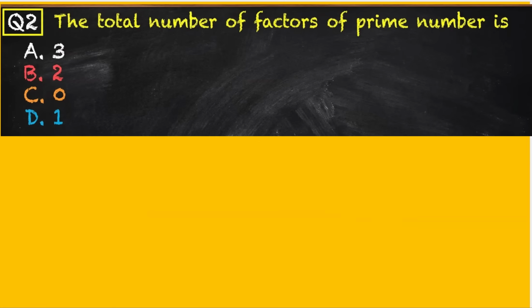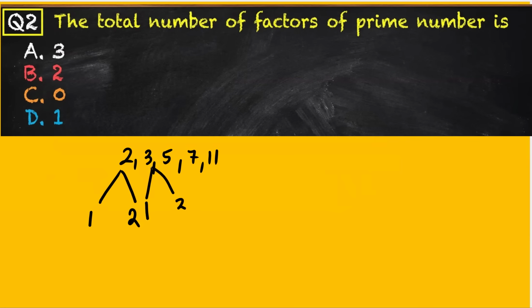If I take examples of prime numbers 2, 3, 5, 7, 11: the factors of 2 are 1 and itself, the factors of 3 are 1 and itself, the factors of 5 are 1 and itself. So we can say that a prime number has a total of only 2 factors. Therefore, our answer is option B, which is 2.